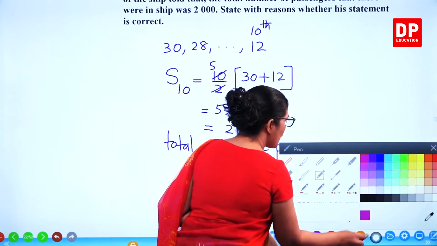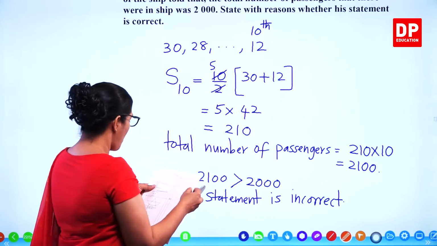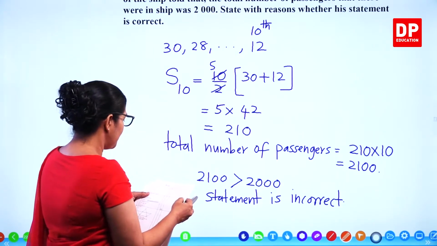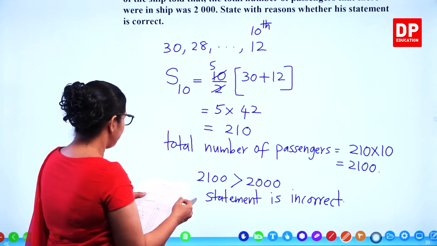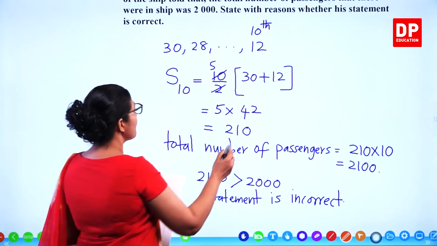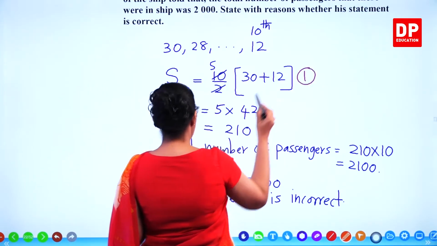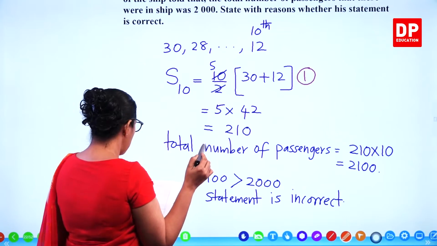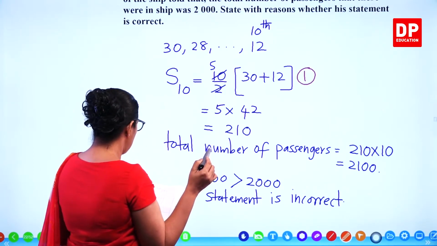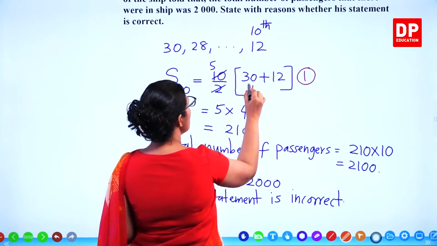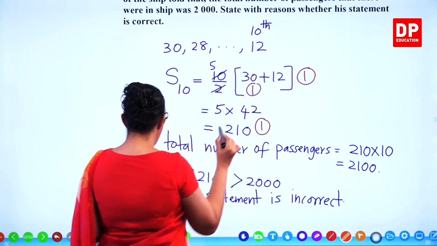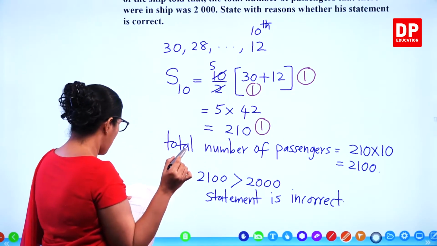So how many marks for that? You are getting 6 marks for that step. 1 mark for taking a center and substituting values, 1 mark, and 1 mark for finding 210. That's 3 marks there.